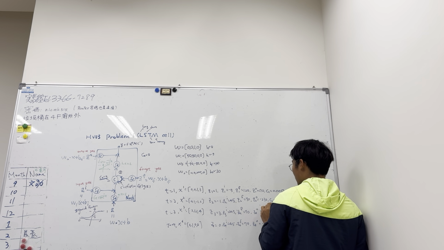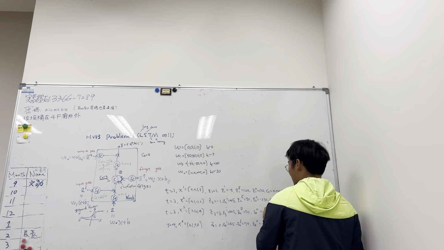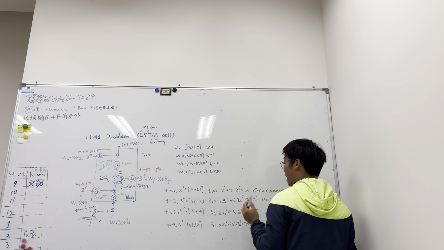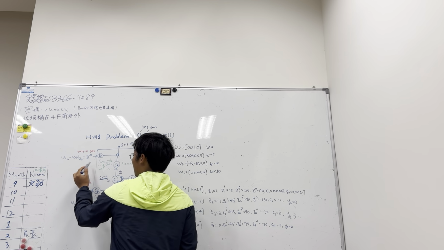So the new memory is -1. However, this time the input of the output gate is -230, so it totally blocks the memory from going out to the output. So y2 is 0.